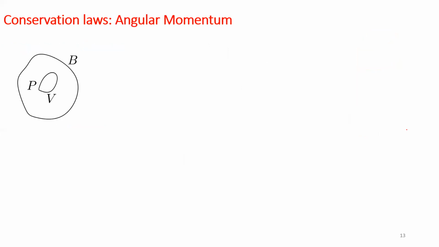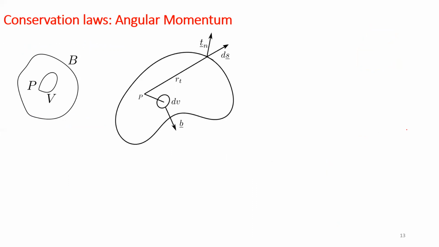Then the last one, which is the angular momentum. We will revisit these conservation laws towards the end, when we particularly use the conservation of energy principle. Again, the same concept. For a body V, I'm taking a particular volume, and this time I've chosen a point P in the volume, and I am trying to balance all the moments due to the external forces, the surface tractions, as well as the body forces.